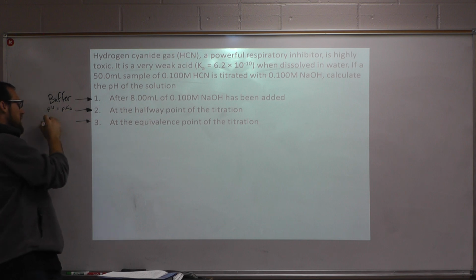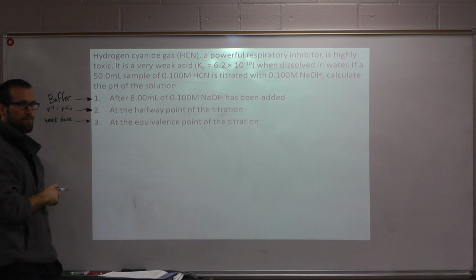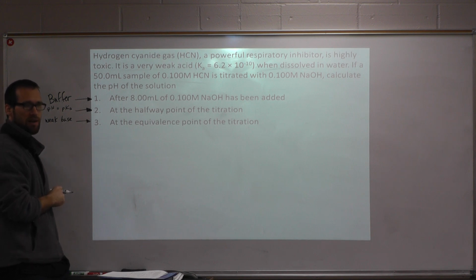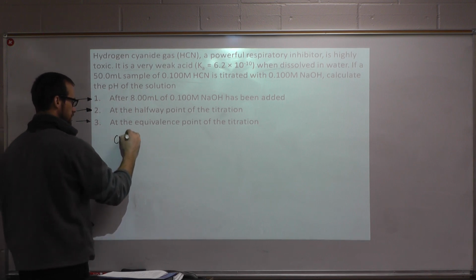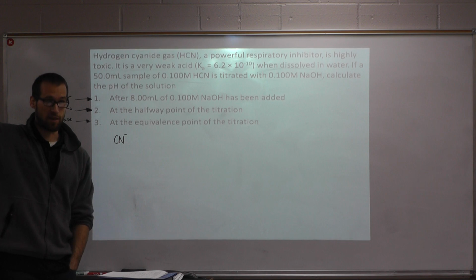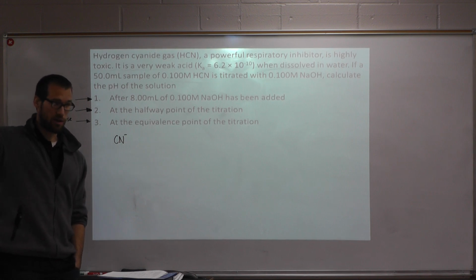So this is going to be a weak base. Okay. What is my base in this situation? No, I'm talking about the conjugate of my weak acid. CN minus. Right, because at the equivalence point, we've neutralized all of my strong base, correct?